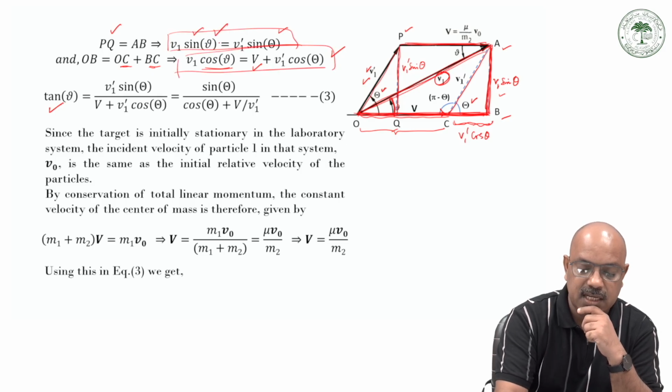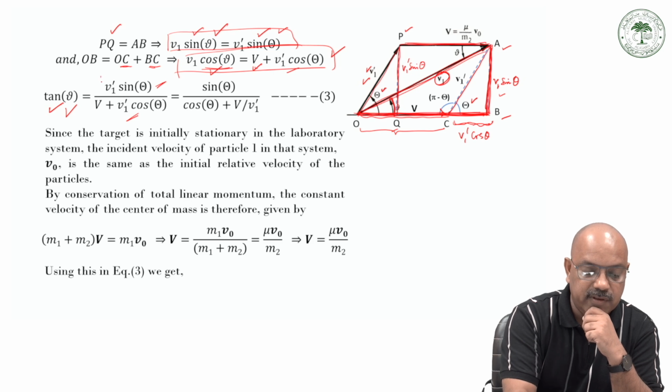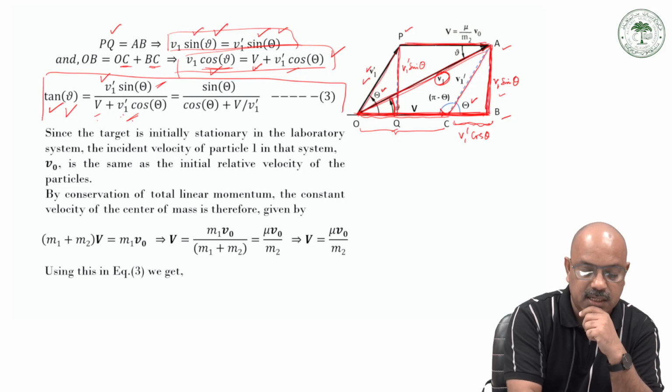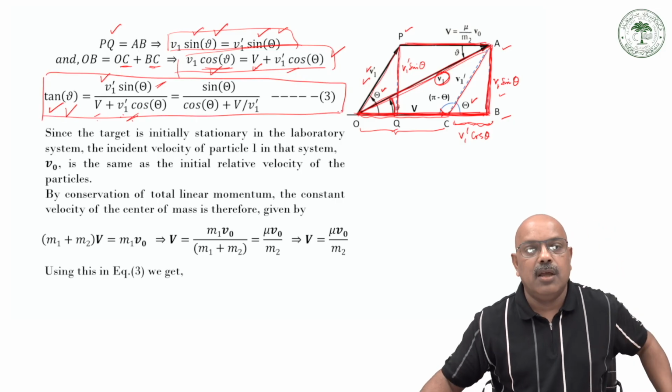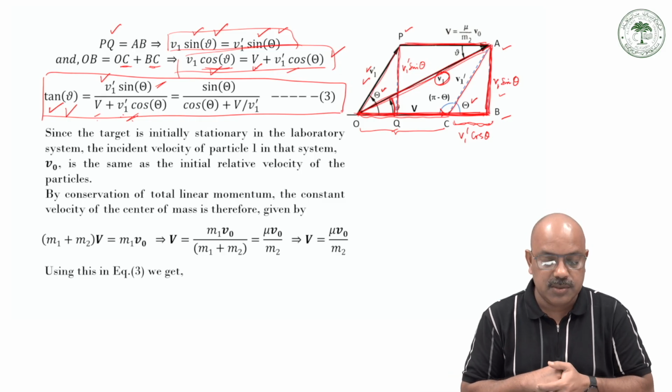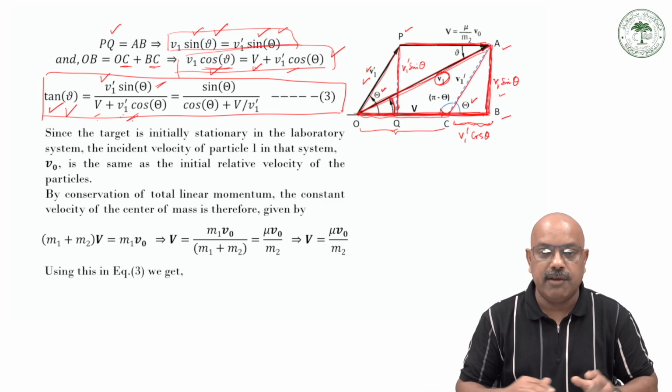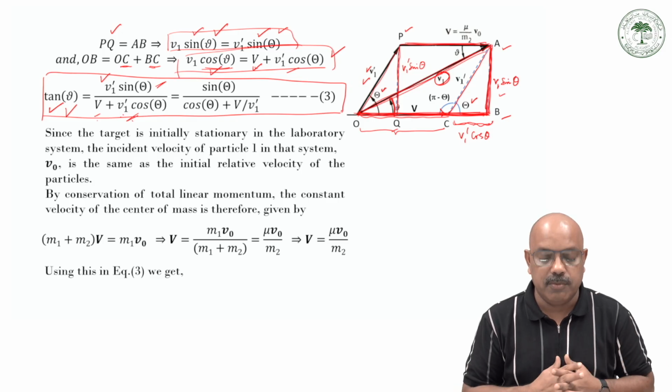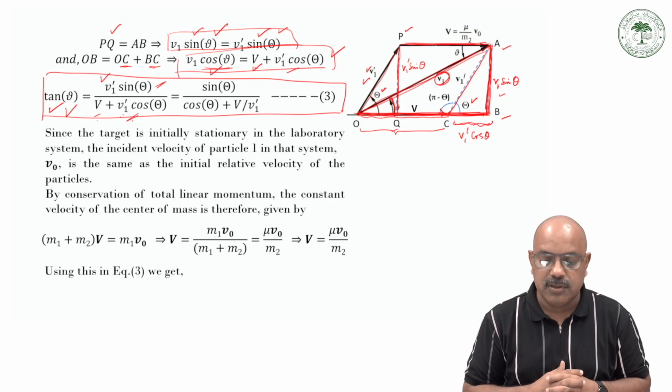So this is V1 prime sine theta prime over V plus V1 prime cos theta prime. If I take V1 prime common, this will cancel out, and I'm going to have V upon V1 prime in the denominator. This is one important relation. Okay, so I'm going to stop here at this point, and in the next lecture I will discuss from here itself. So for now, thank you all.